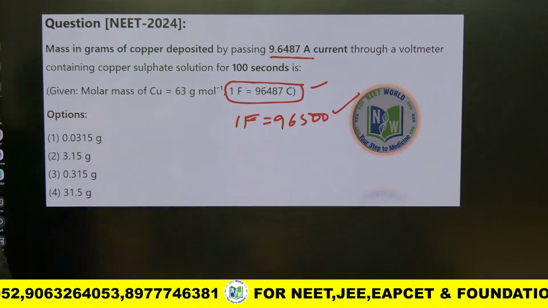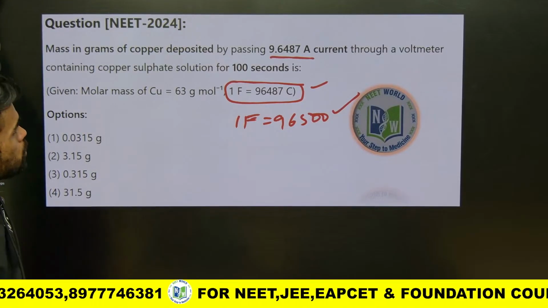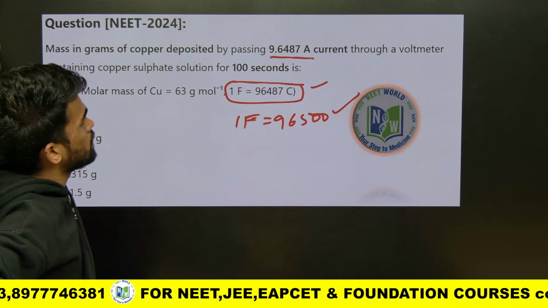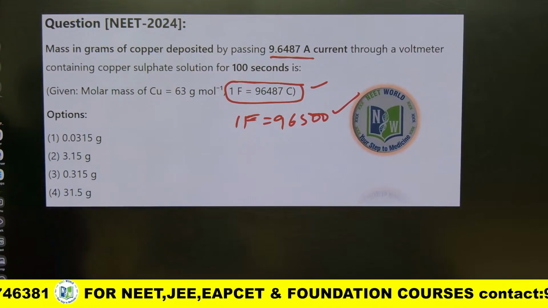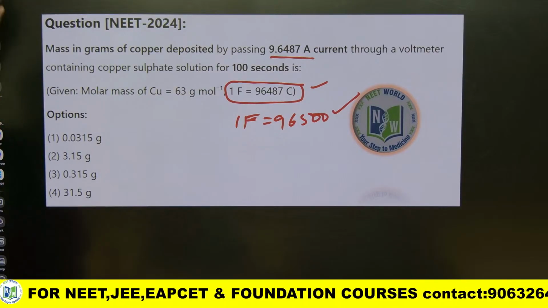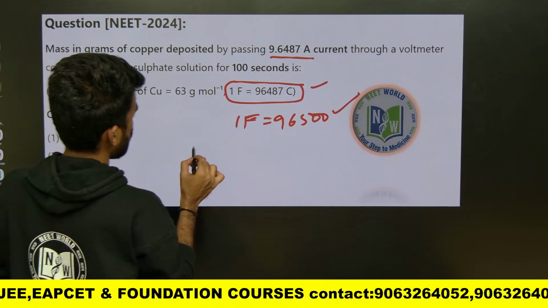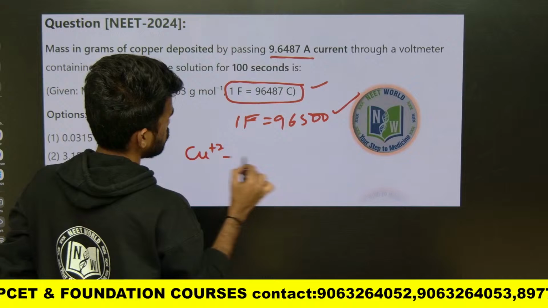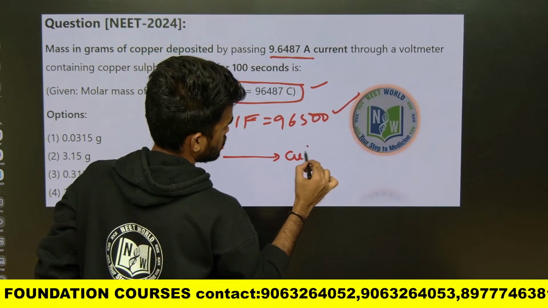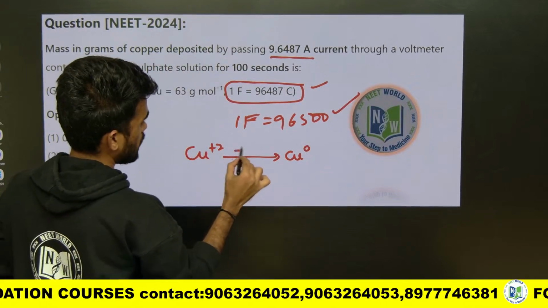Mass in grams of copper deposited by passing 9.6487 amperes of current through a voltameter containing copper sulfate solution. In order to deposit copper, plus 2 to 0, 2 electrons are required.